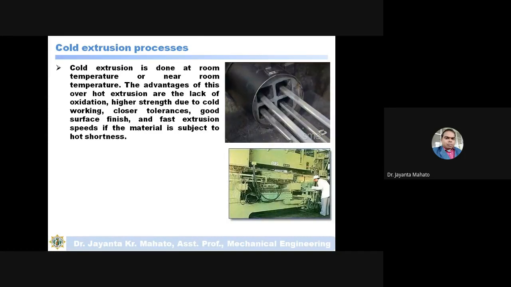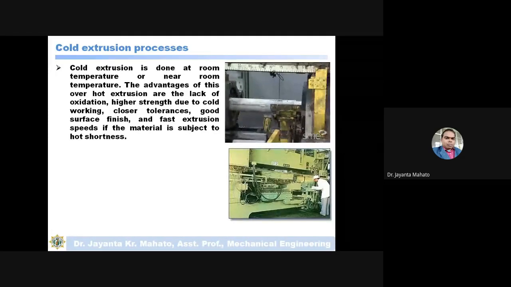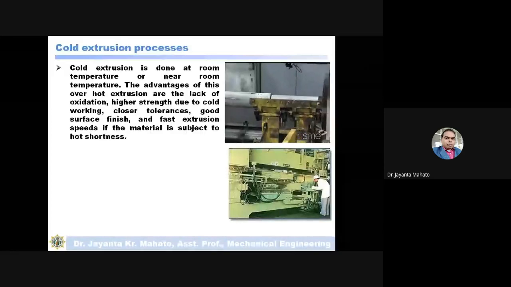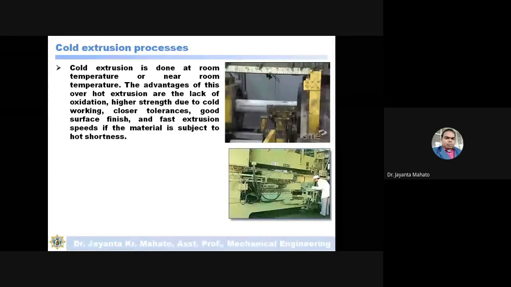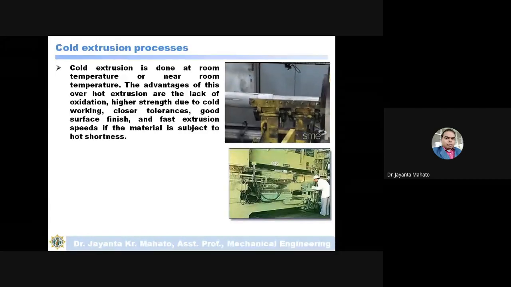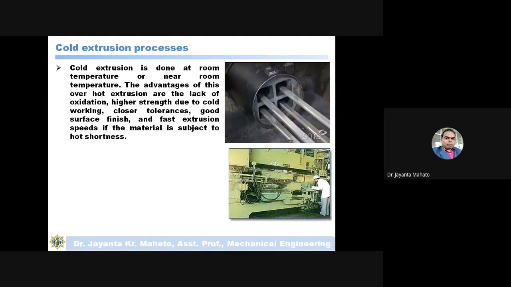Okay, and in this case, the close tolerance, meaning the desired size of the product, can be extruded, because in this case there is no chance of getting shrinkage.